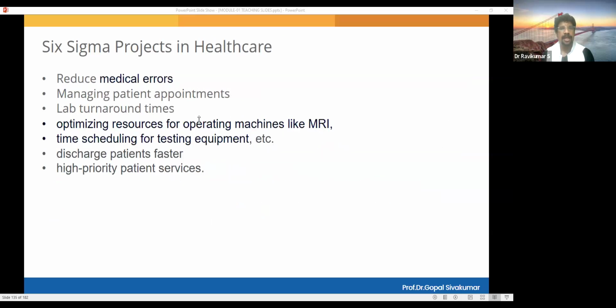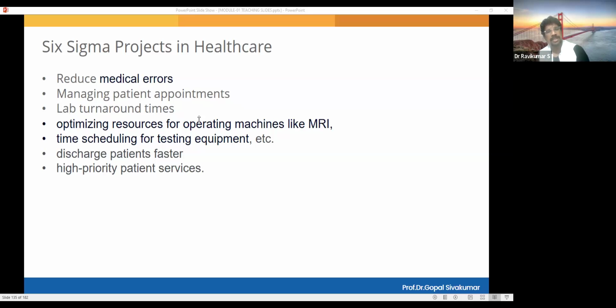Okay, similarly here you can see in healthcare, reducing medical errors. So that is vital, right? Then managing patients' appointments, that increases your hospital's patient satisfaction score. Lab turnaround times, the ability to produce results very quickly in the laboratory.